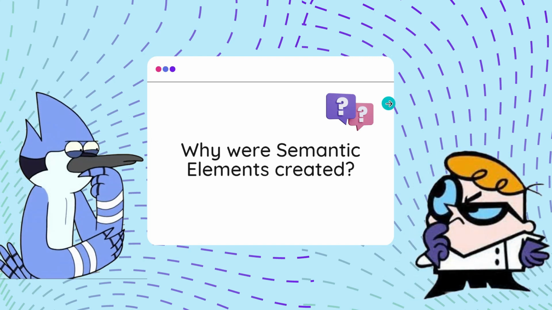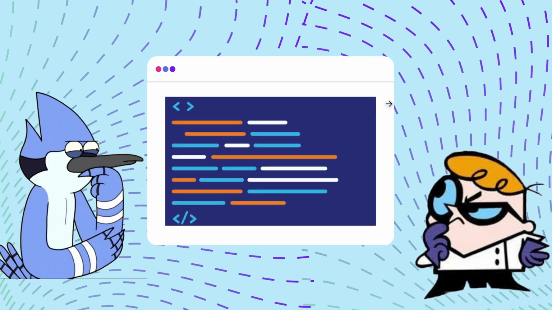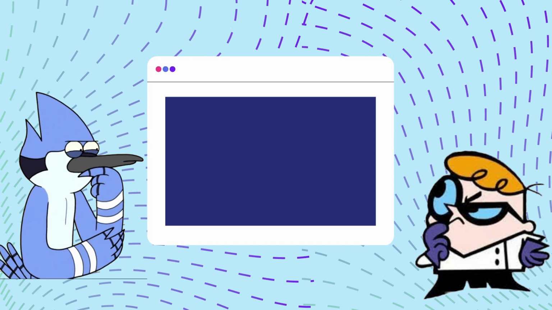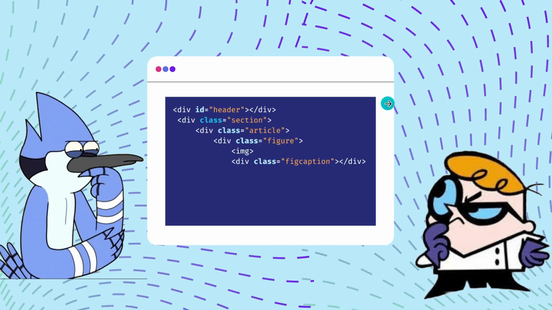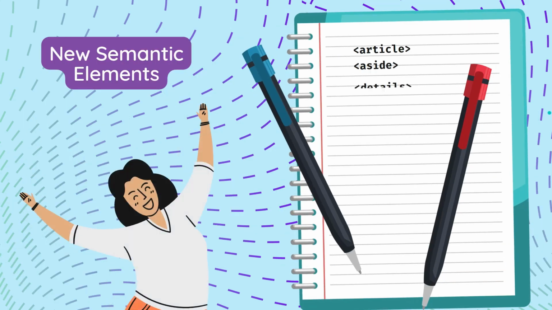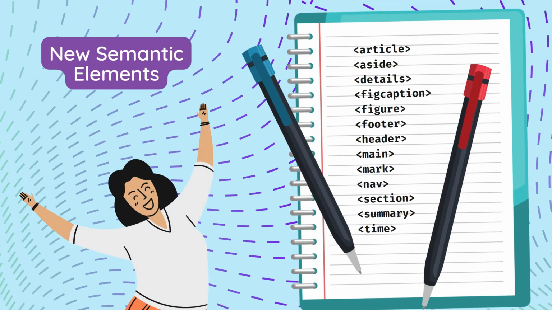Well, in the past, even until now, you will find that some web pages are still in div mania, using class and ID attributes to name them, like so. But thanks to HTML5, they added new semantic elements. For instance, article, footer, figure, header, main, mark, nav, section, summary, and time.